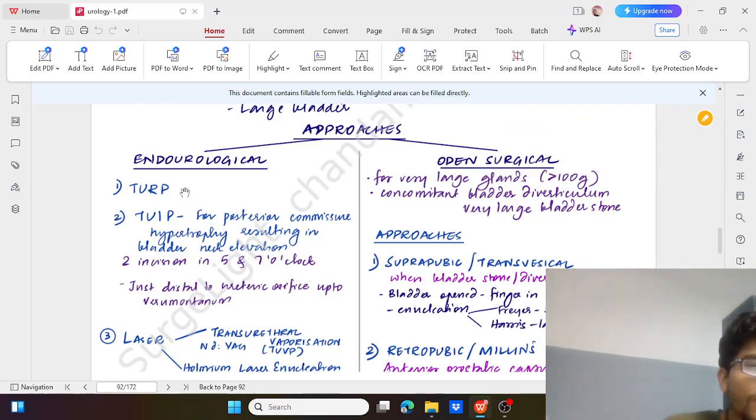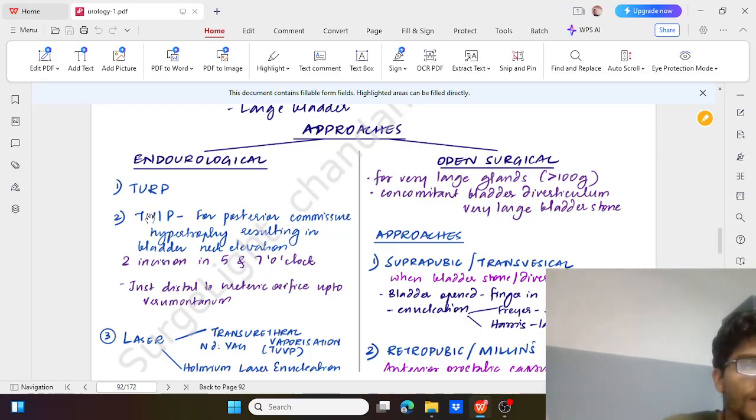We have to be careful that the verumontanum should not be damaged and the bladder neck should be protected so that the patient does not have post-surgery incontinence.